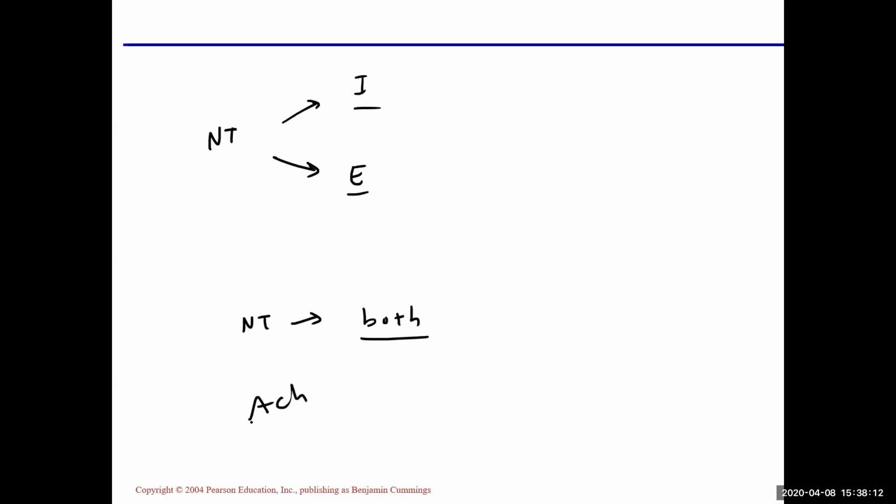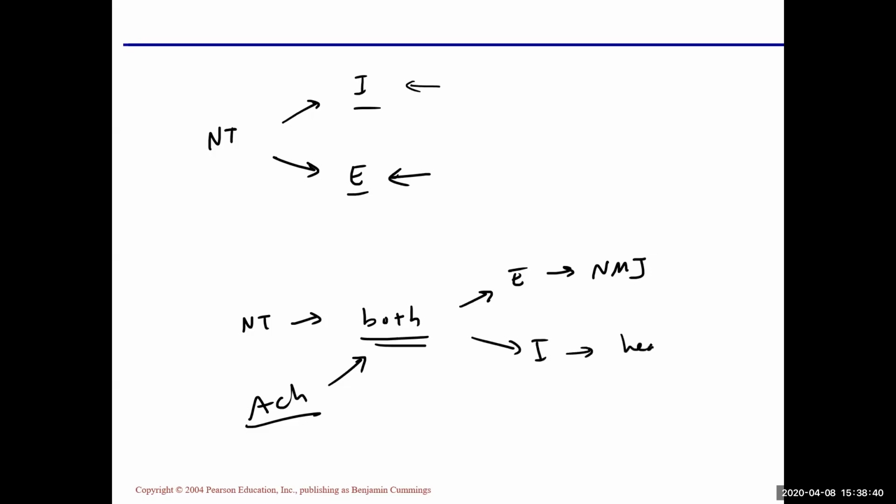Acetylcholine, ACh, is a good example of that. Inhibitory ones we discussed would be glycine and GABA. Excitatory, we discussed some of them already, like glutamate. But acetylcholine could be both. In fact, it is excitatory in the neuromuscular junction, but it's inhibitory in the cardiac muscle cells, so we could slow down the heart instead of accelerating it.